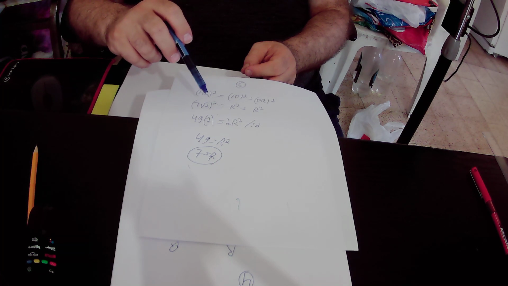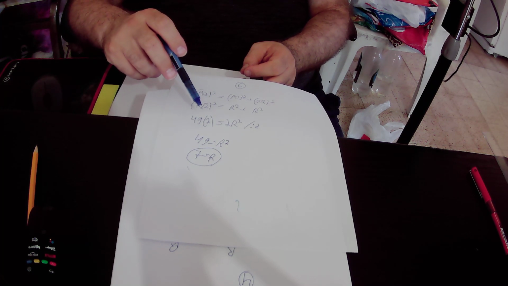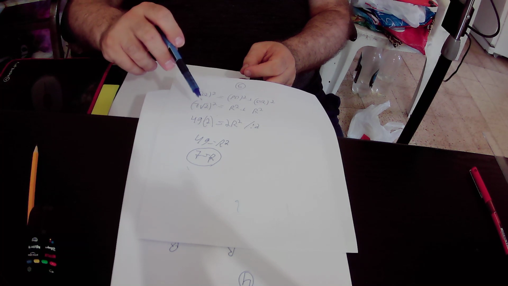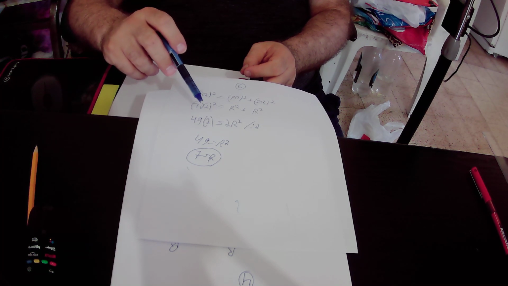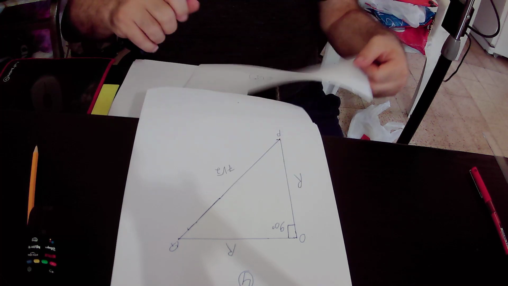Radiuses can never be negative numbers, so we will take into account only the positive root of 49, and that is actually 7. So the radius of the semicircle equals to 7 units.